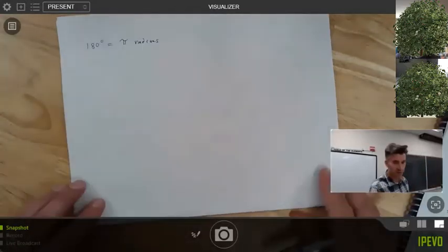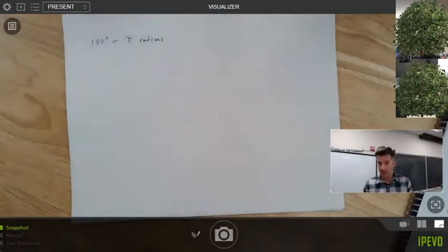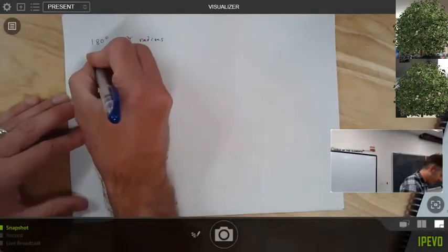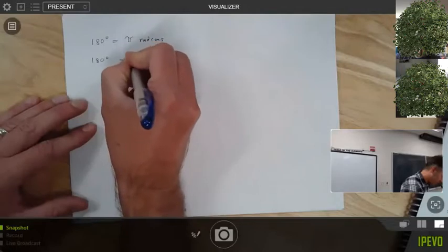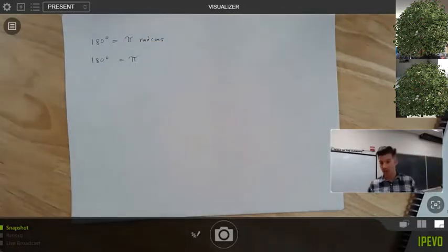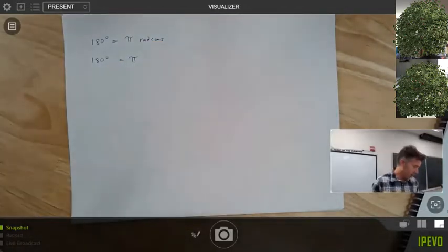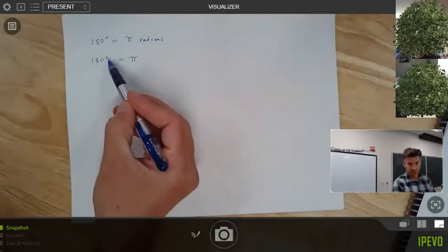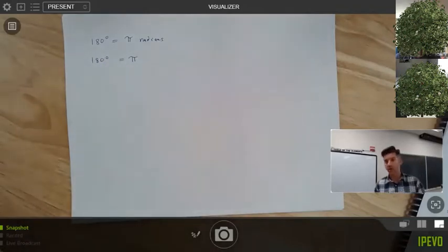Now, something important to know is that we don't usually write radians. We usually just say pi. So really, we just say 180 degrees equals pi. And everyone knows you mean radians. When you're talking about degrees, you always have to write this little symbol, that little circle in the upper superscript there. When you're talking about radians, radians are called a dimensionless unit.